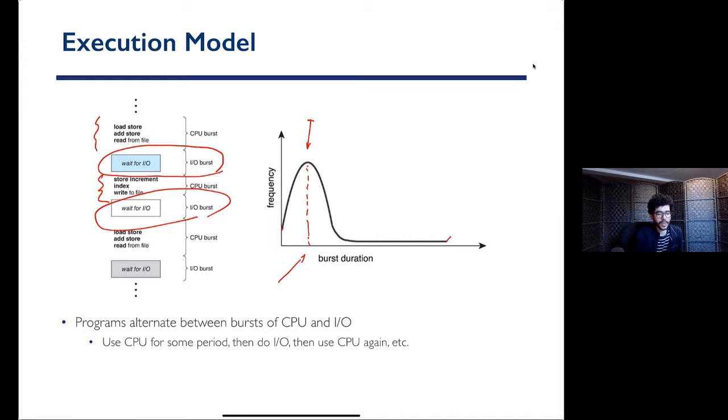And sometimes you have a very small fraction of your CPU bursts that are very, very long, and you probably want to somehow prioritize these short ones because you have a lot of them.